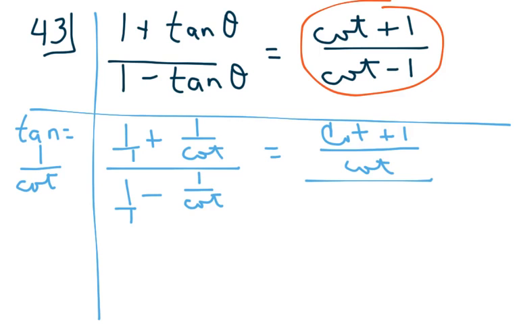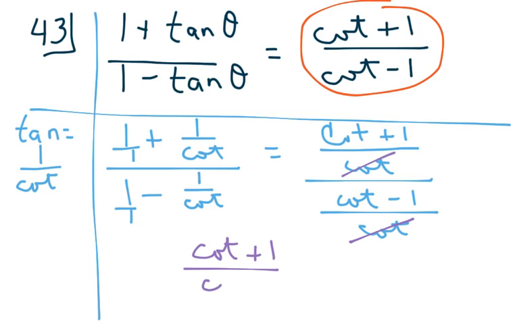And here it's going to be cotan minus 1 over cotan. I know these two cancel out, and so I'm left with cotan plus 1 over cotan minus 1. So they match.